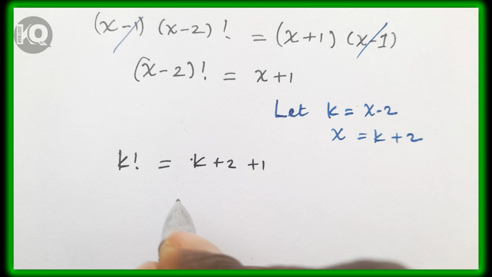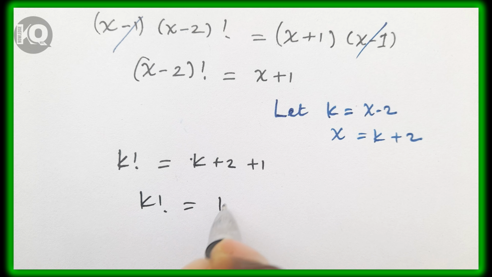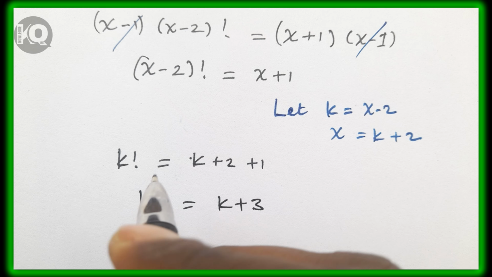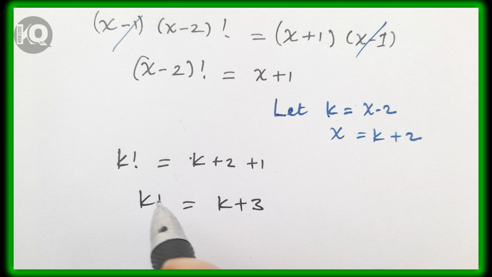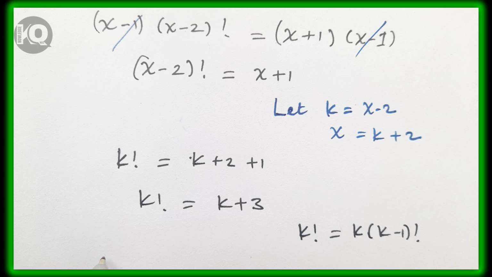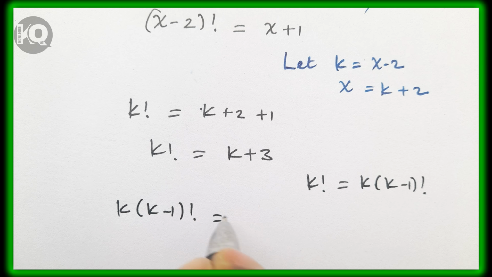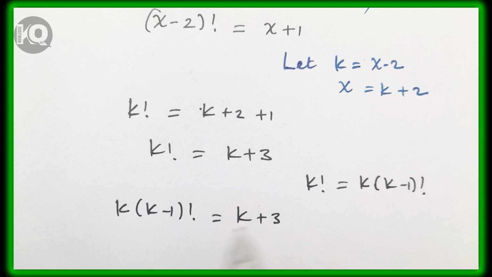So now k factorial is equal to k plus 3. By the definition of factorial, k factorial will be k times k minus 1 factorial. So k times k minus 1 factorial is equal to k plus 3.